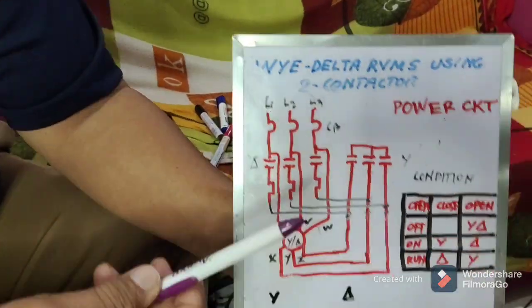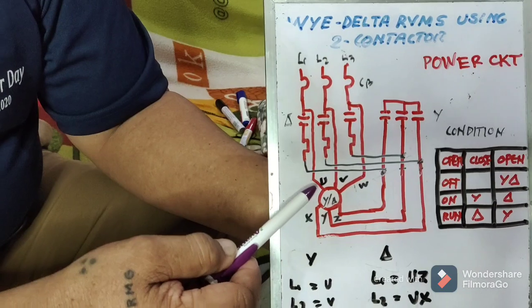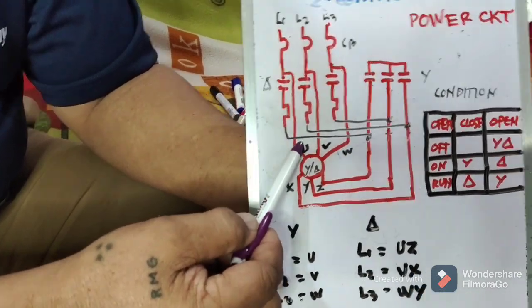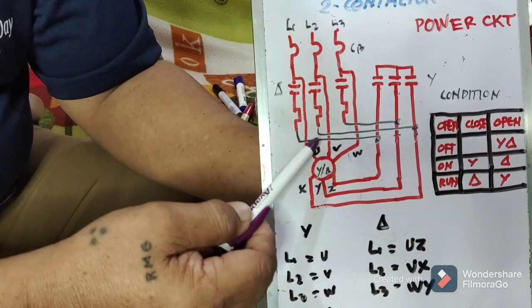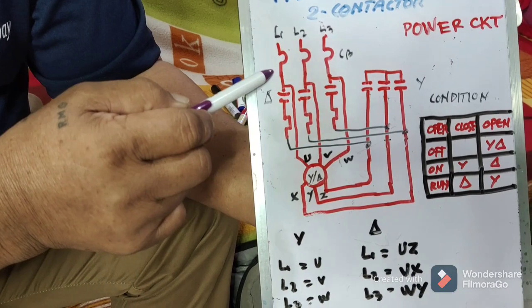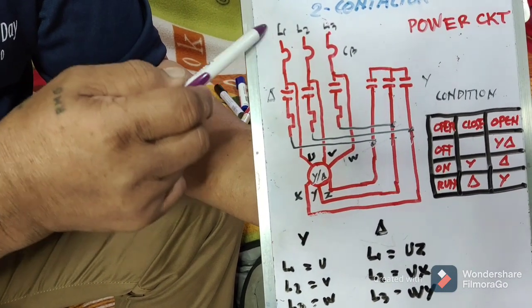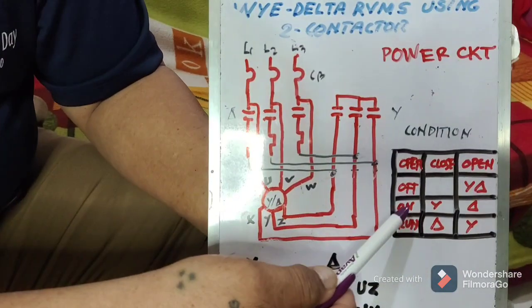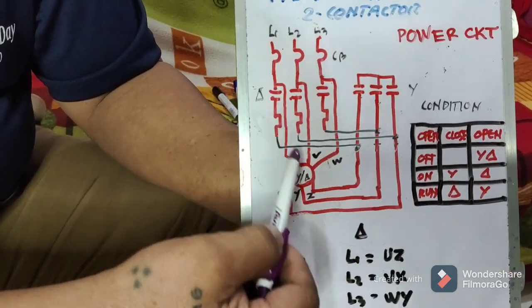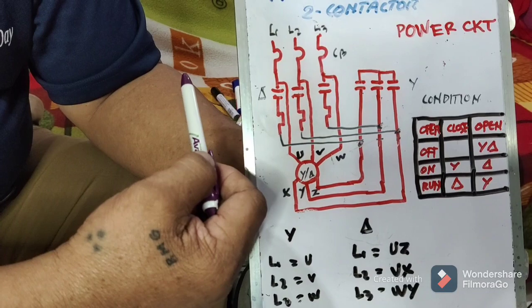Now, you will also observe that in the power circuit, the U, V, W, or the terminals 1, 2, and 3 are already connected after the breaker. Okay, but if you switch on the breaker without pressing the push button on, still the windings are not energized.